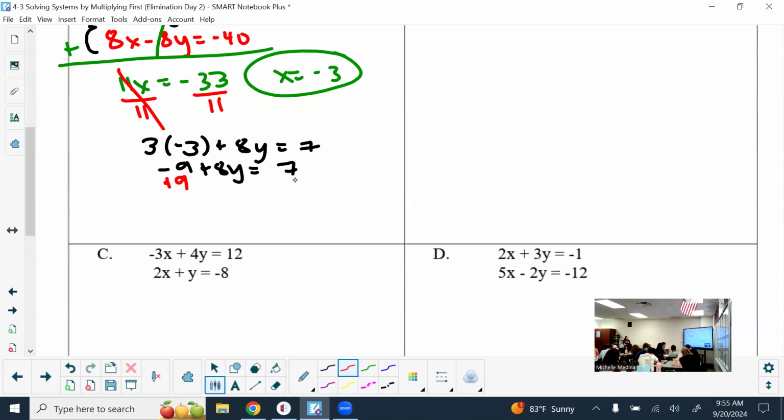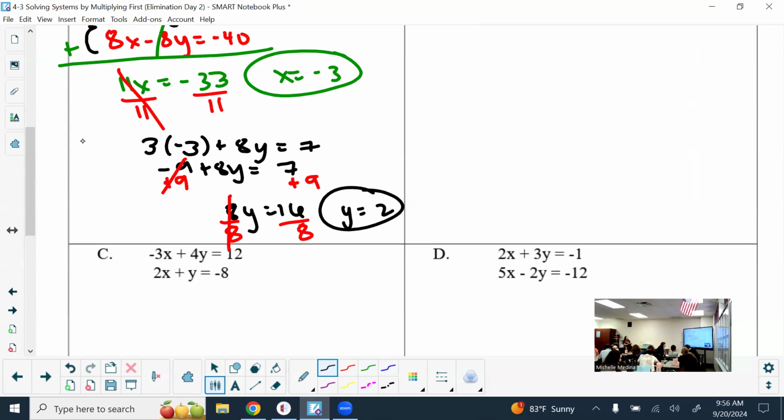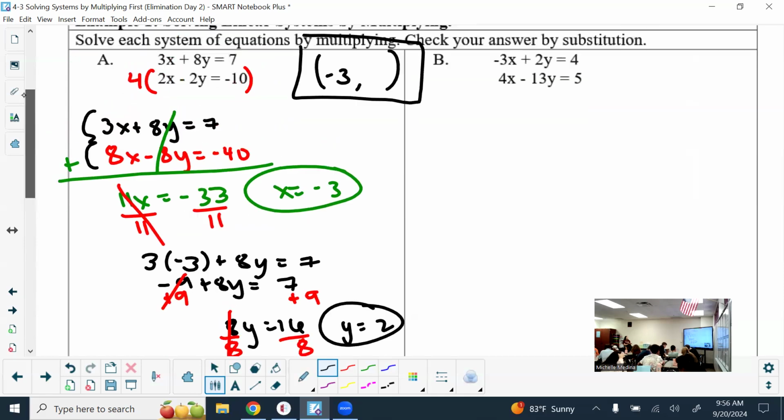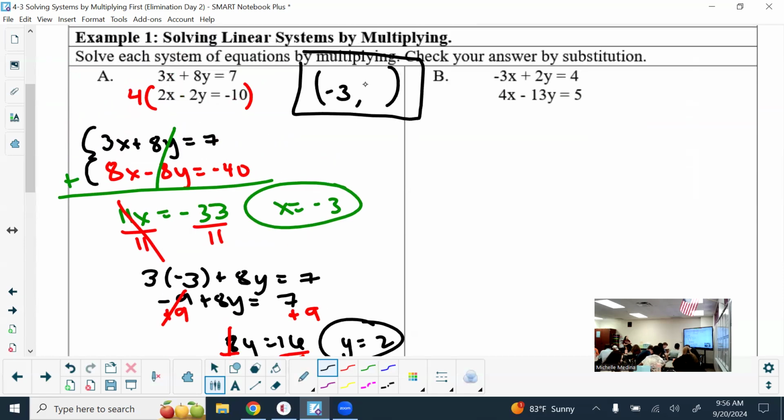Add to both sides. 8y equals what's 7 plus 9? Opposite of multiplying by 8 is dividing, and y ends up equaling something. So if I were checking my answer by graphing, which I always should, that's the starting place for all the methods, I would look for it intersecting at that point.